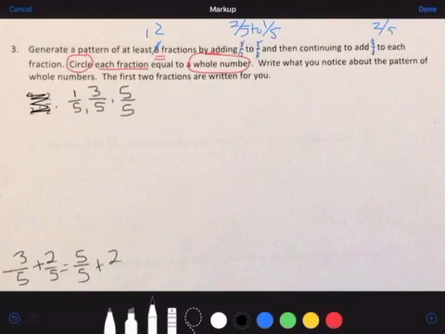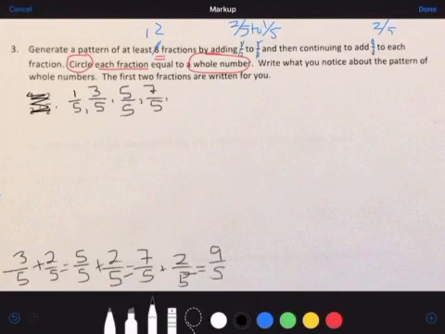Then we add 2/5 again, which would give us 7/5. 5 plus 2 is 7. And so we put our 7/5 up here. And then we add 2/5 again. 7 plus 2 is 9/5. So then we write 9/5 up here.